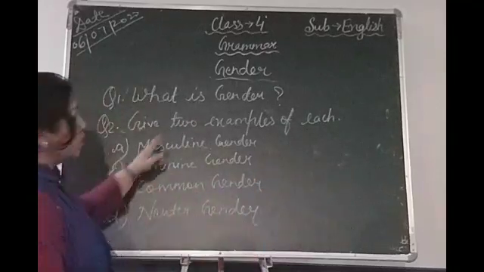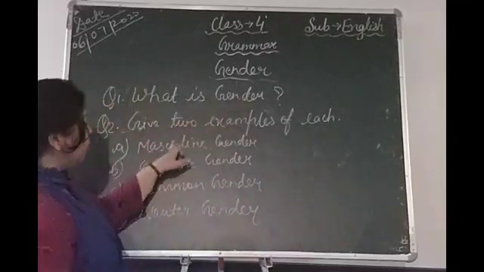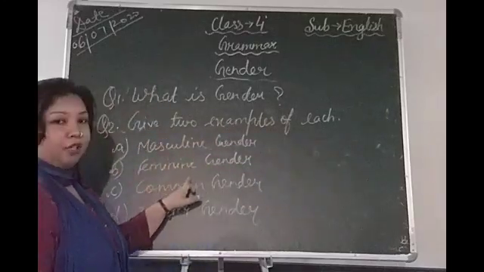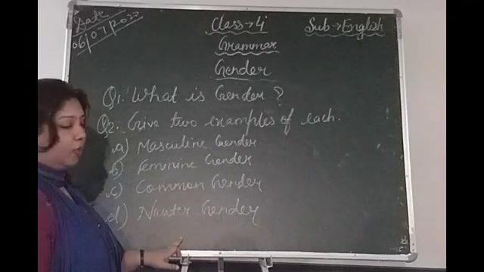See, today's assignment is what is gender, first question, and second question is give 2 examples of each: masculine gender, feminine gender, common gender, and the last one is neuter gender.